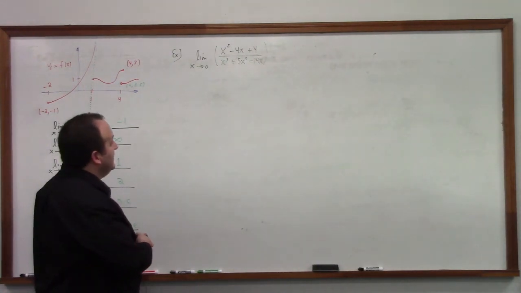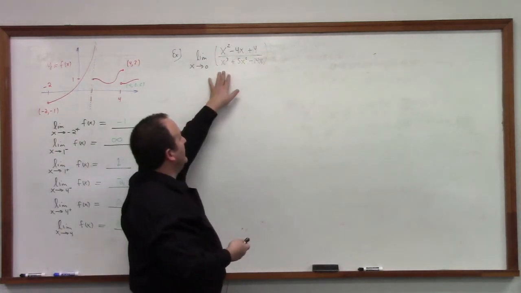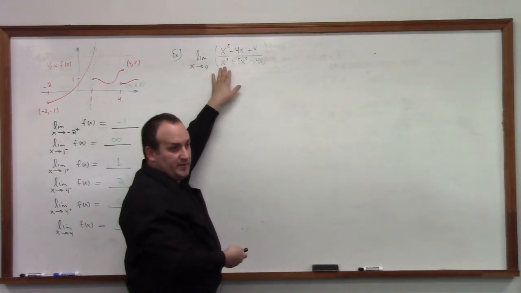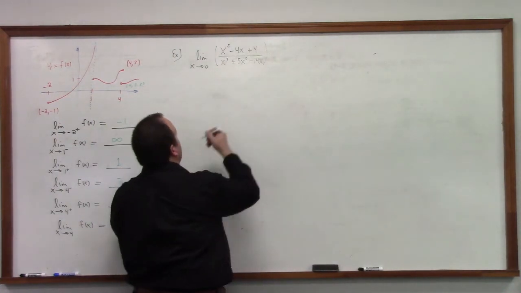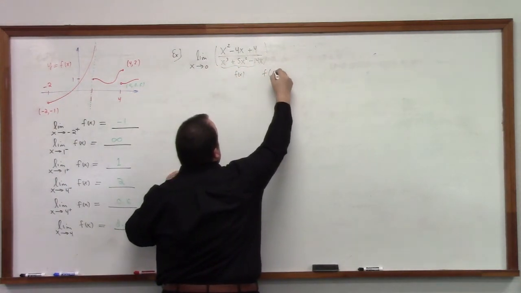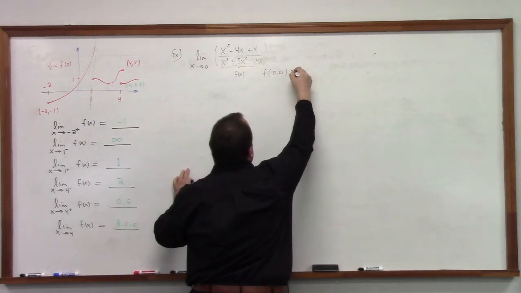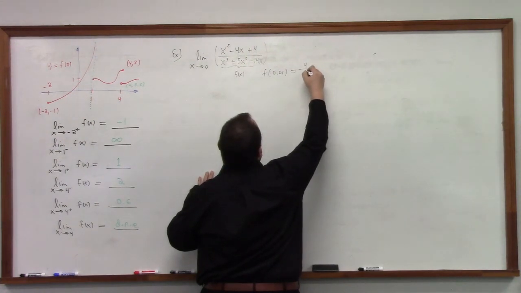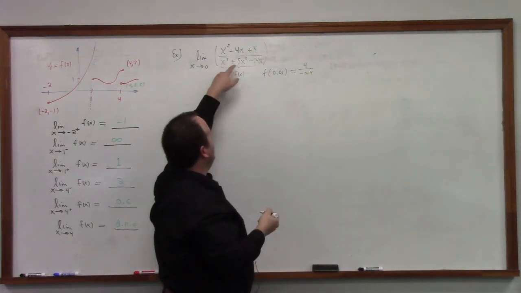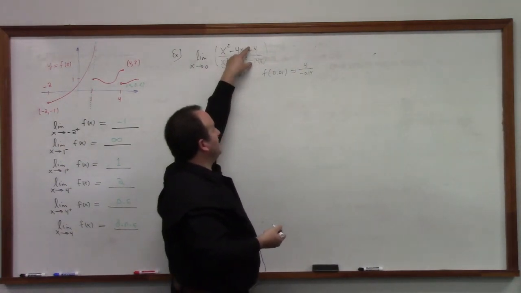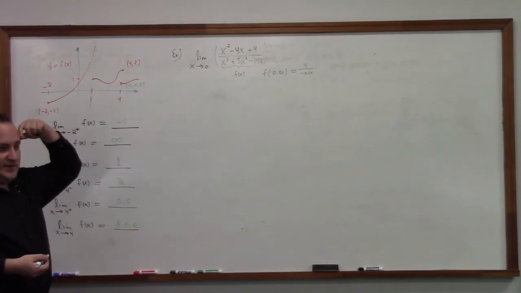You could try plugging in 0.01, for example. Let me call this thing altogether f of x. If you think about f of 0.01, you can see that it's approximately 4 over minus 0.14, because the x cubed and x squared terms are the dominant things if x is super tiny.